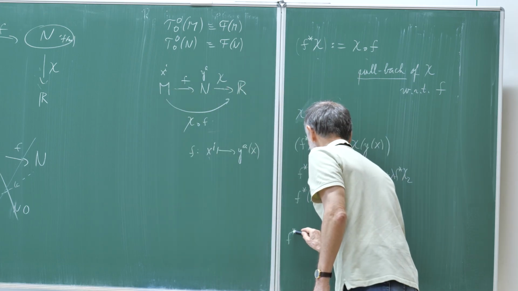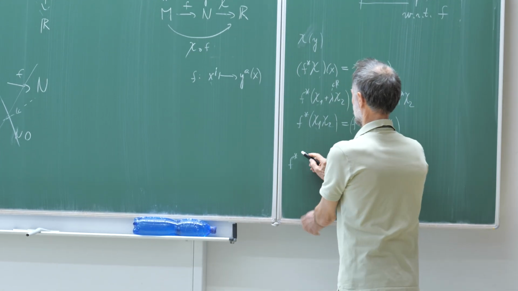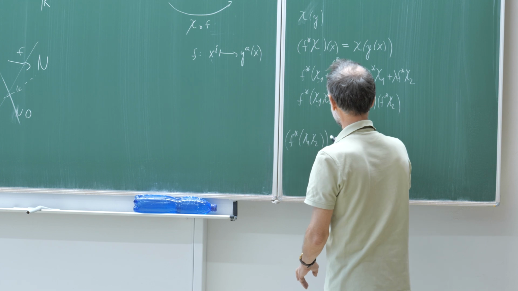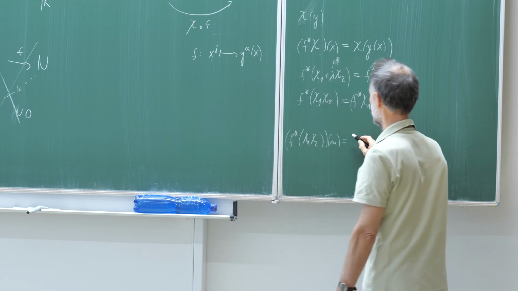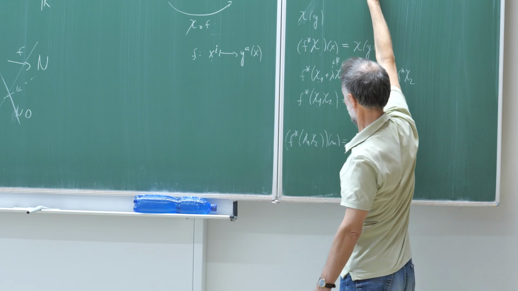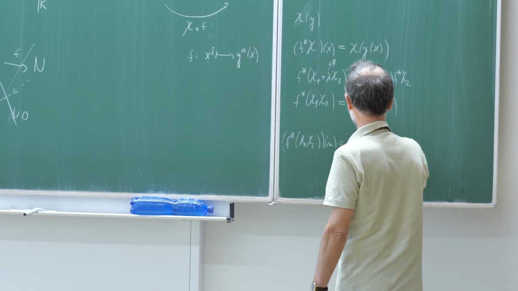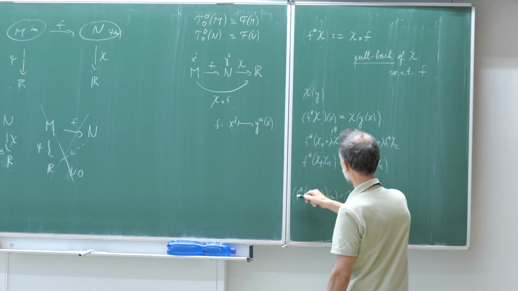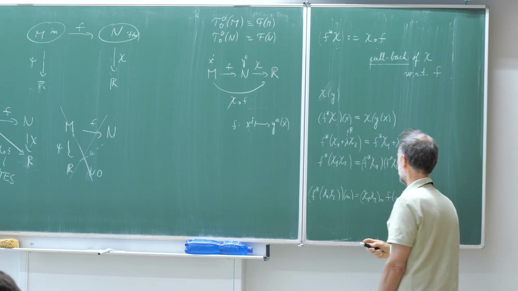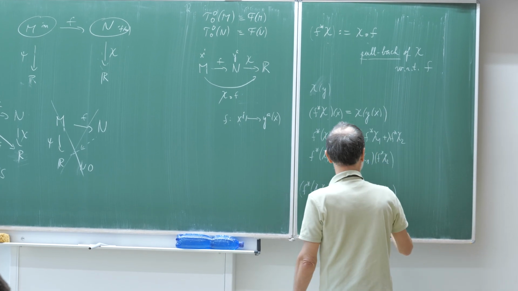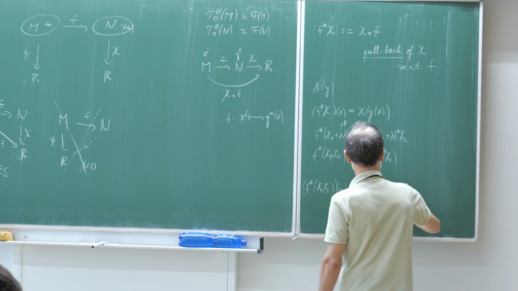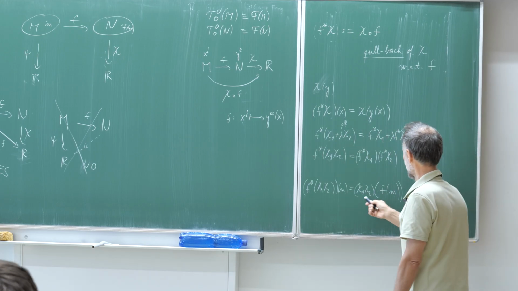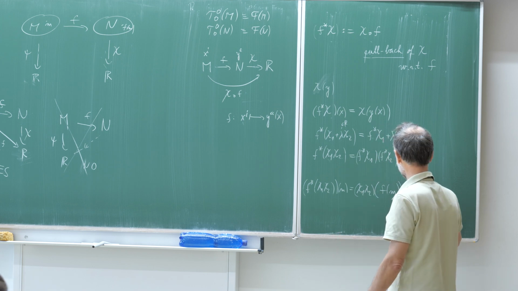So this function, when evaluated on m, is by definition the product chi1, chi2 composed with f and computed on m, so on f(m). Now, what is the definition of the product of functions?